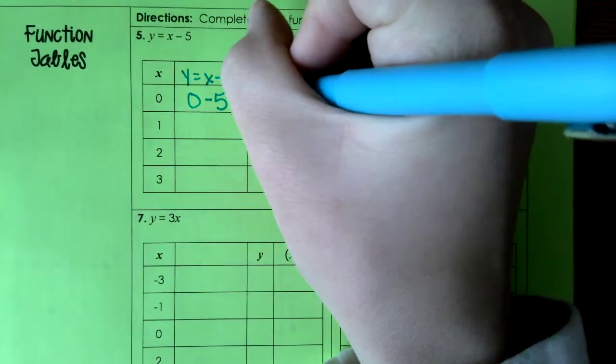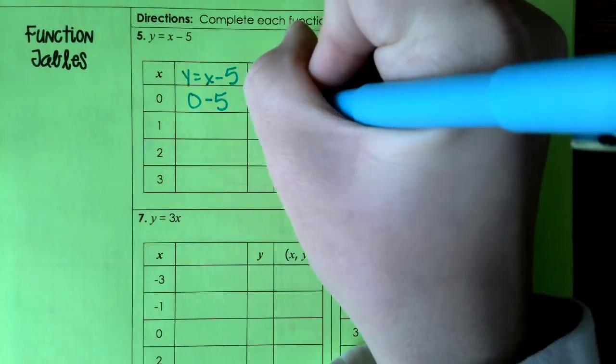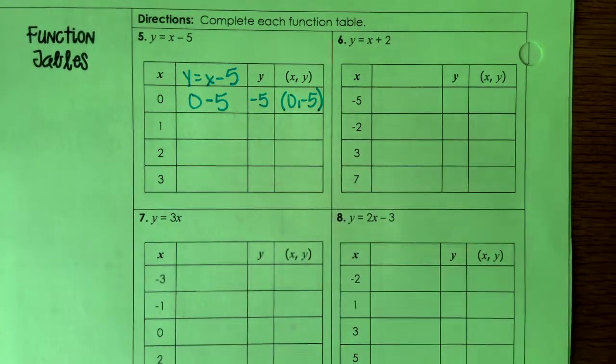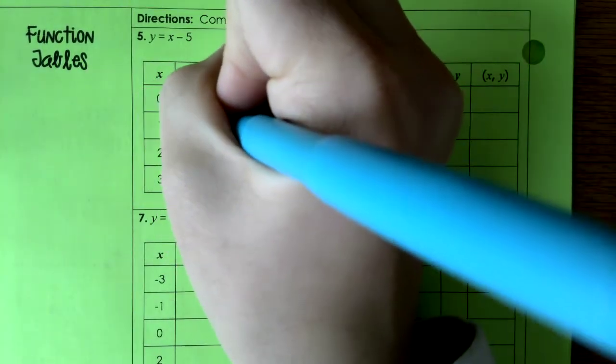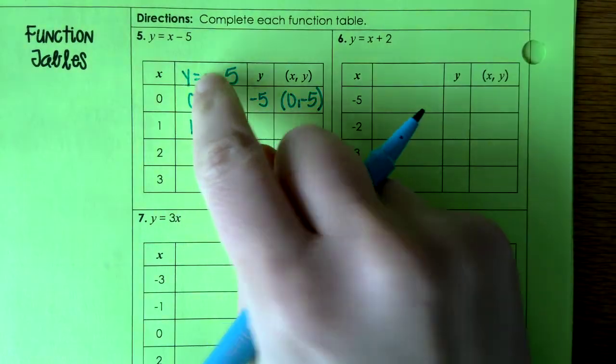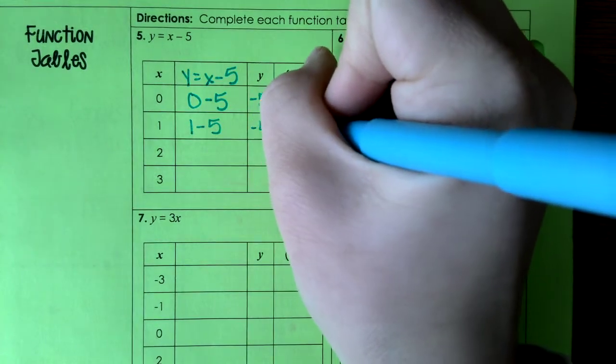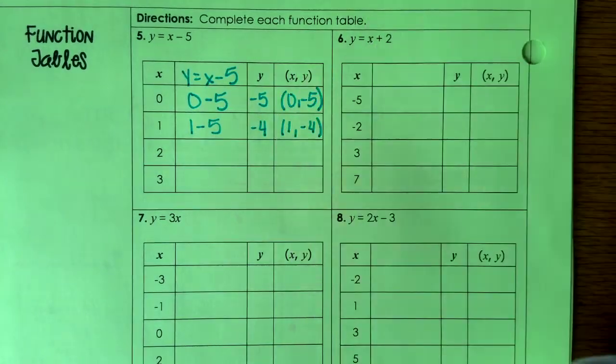Well, 0 minus 5 is negative 5, so I'm going to get 0, negative 5. Then I'm going to take 1 minus 5 because I plug in whatever x is, and you're going to get negative 4. So I get 1, negative 4.